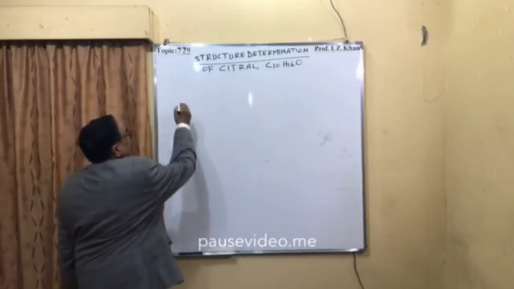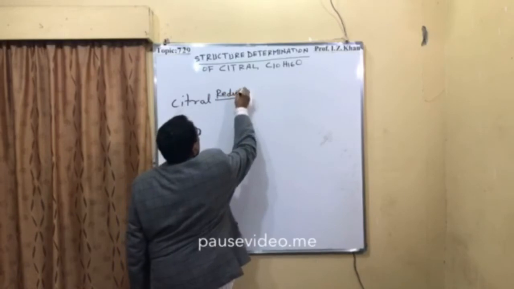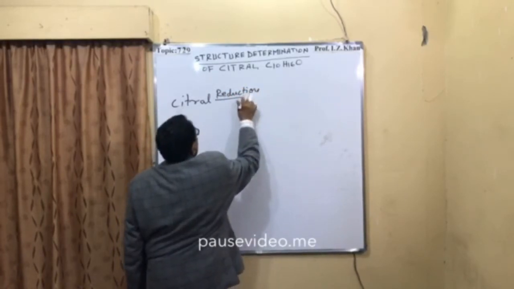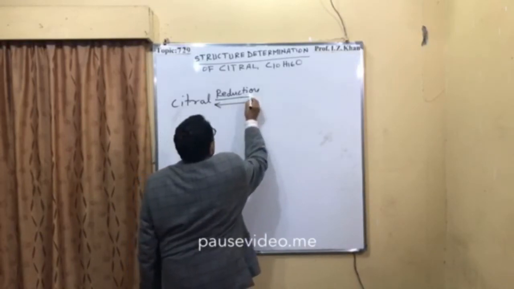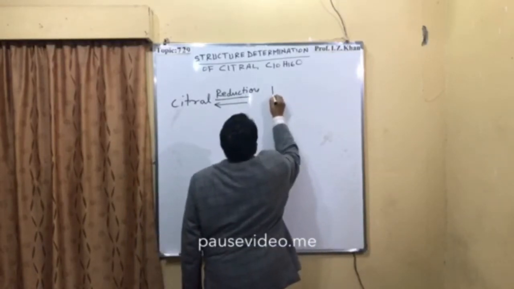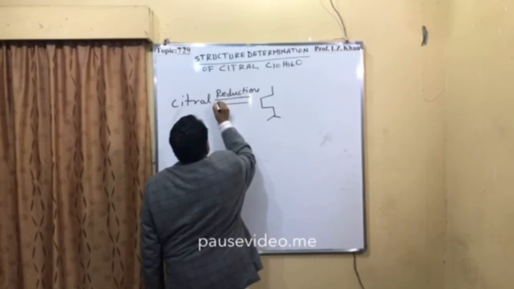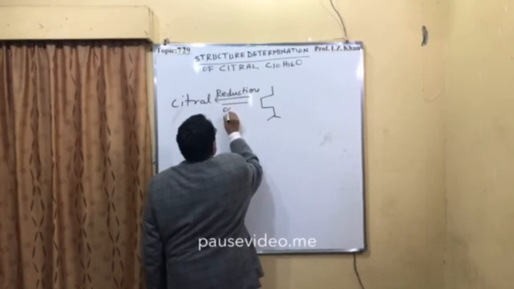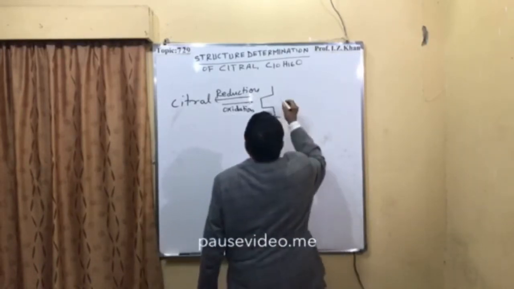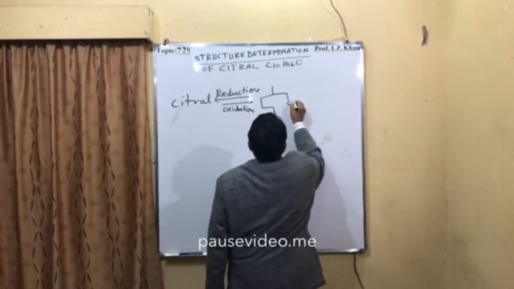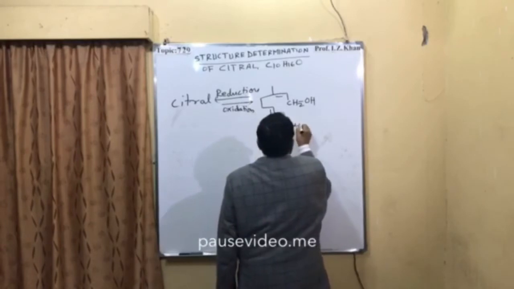So first I have already told you that when citral is subjected to reduction, so once it is subjected to oxidation, it is your geraniol.